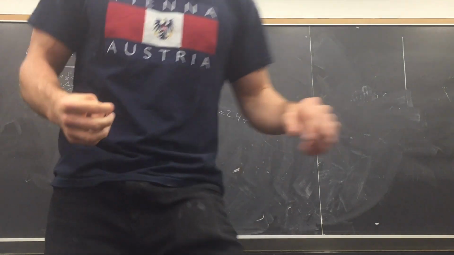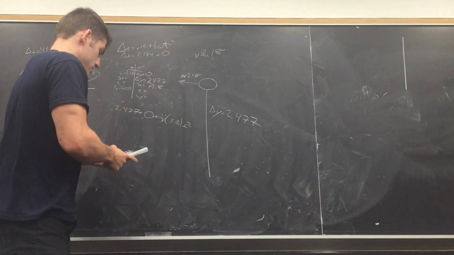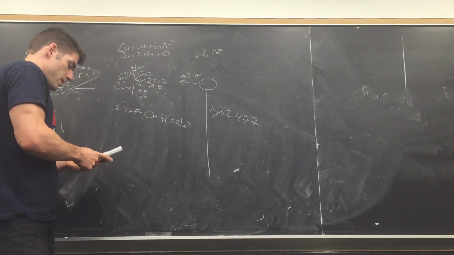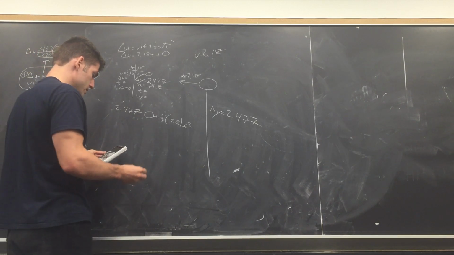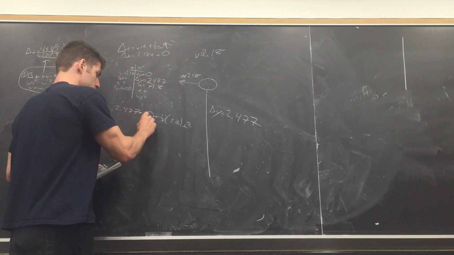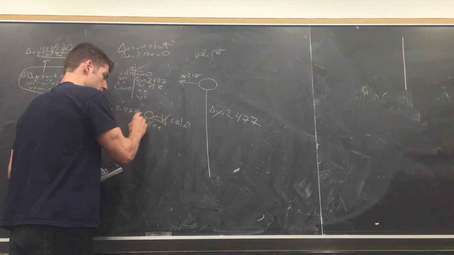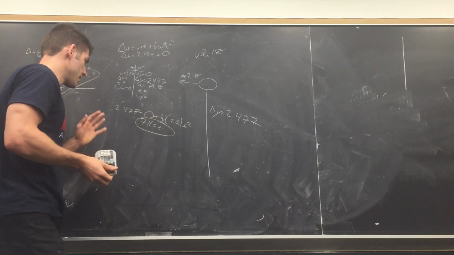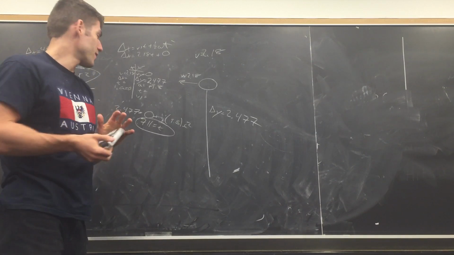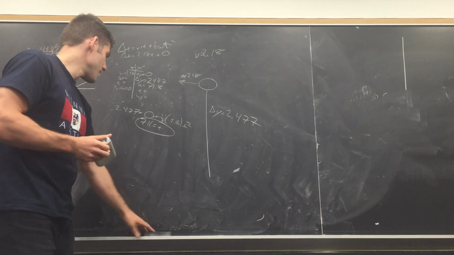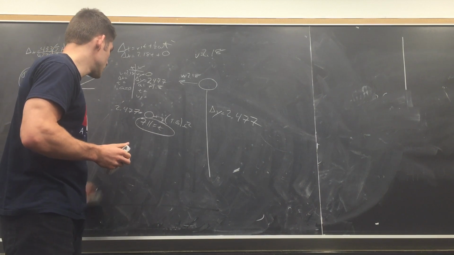So 2.477 divided by 4.9, square root of that, 0.711. 0.711 is equal to the time. Good, great, grand. It's from Billy Madison. None of the little kids ever get it when I say that. 0.711 equals t.